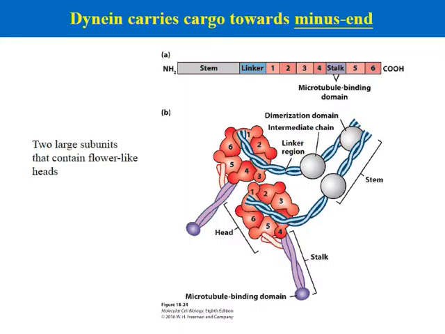So the stalk is the one that binds to the microtubule. And then there is a linker region just next to ATP binding domain number 1, which then associates with the whole N-terminal region called the stem. Now the stem is involved in binding to other subunits.